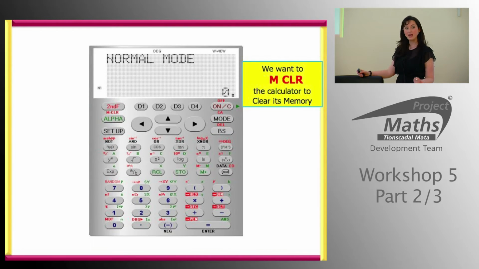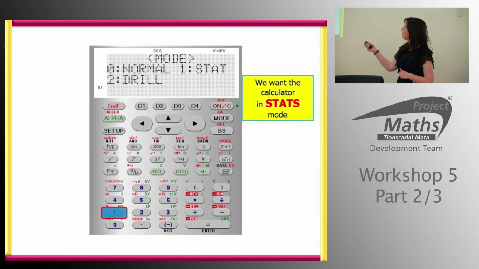So the same as the Casio, we need to put it into stats mode. We click onto our mode button and choose number 1 for stats. And the same as your Casio, it asks whether you are using single digit or 2 digits.